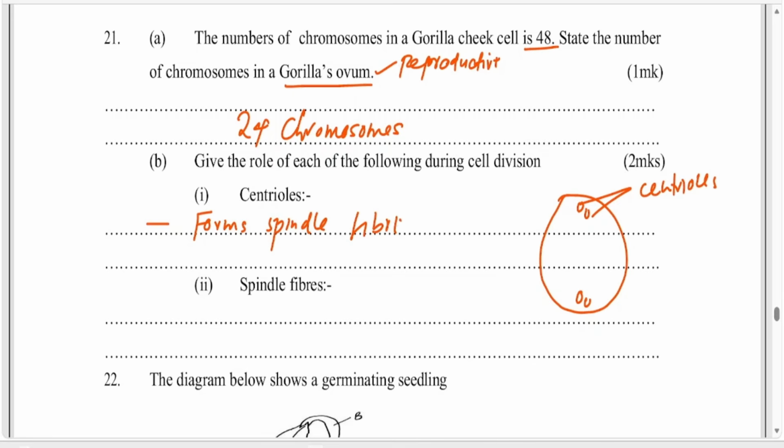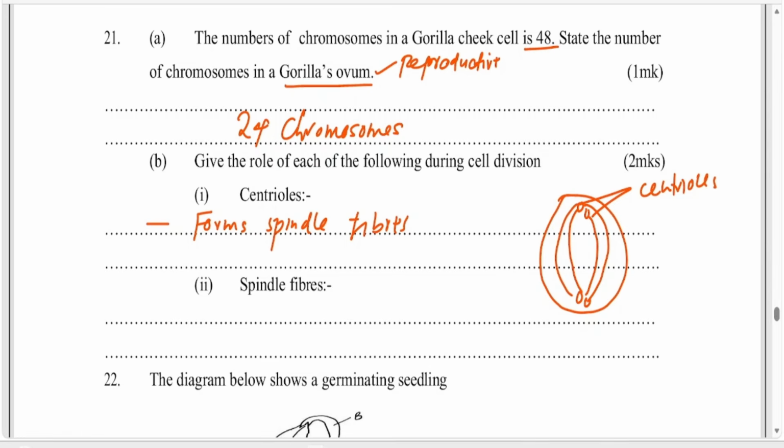Then we have the question on the function of the spindle fibers. These spindle fibers, after they are formed by the centrioles, are where the chromosomes attach using the centromere, and they facilitate cell division.